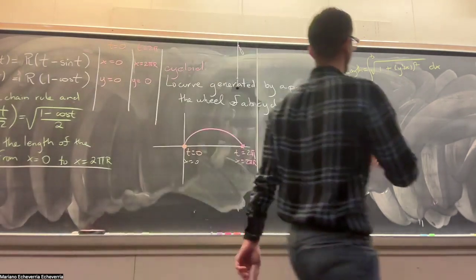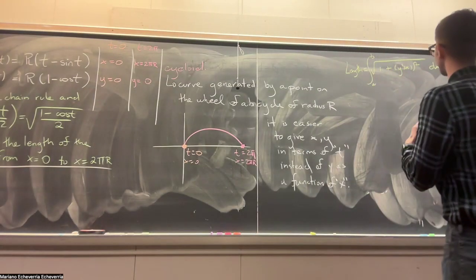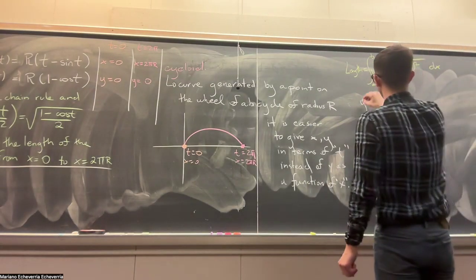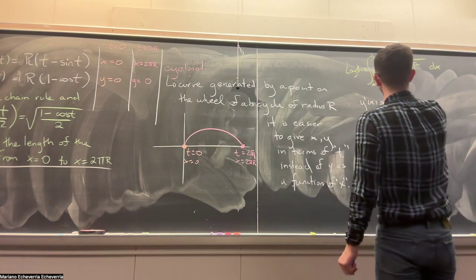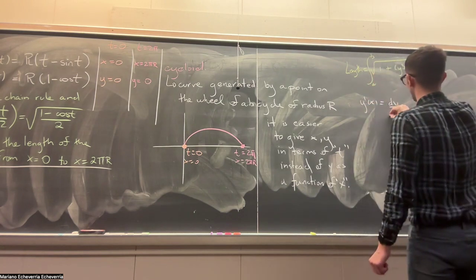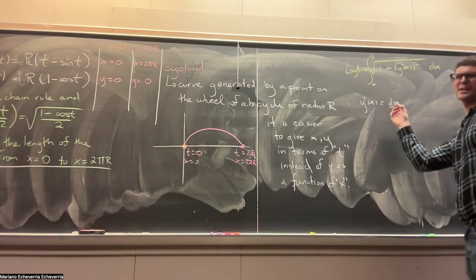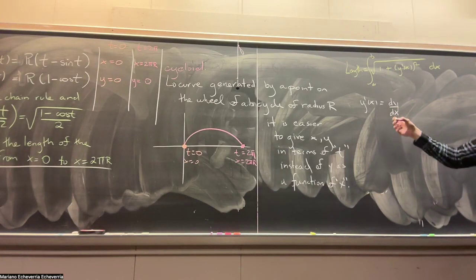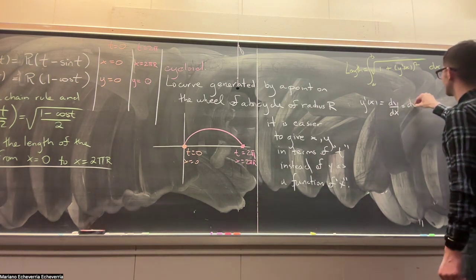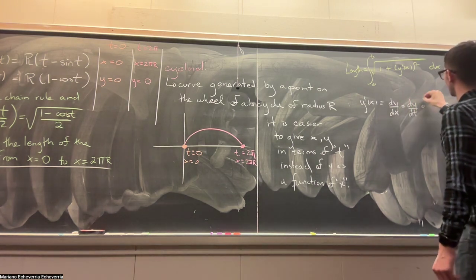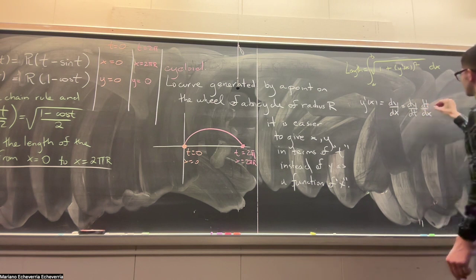This is where you have to think a bit more about what's going on. y prime of x is dy/dx in general. But by the chain rule, if everything depends on t, it is the same as dy/dt times dt/dx.